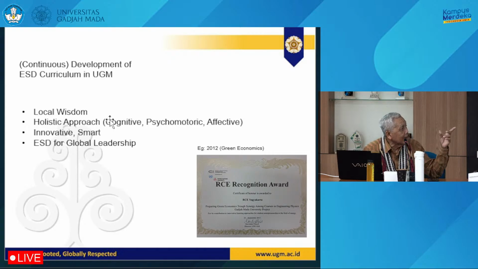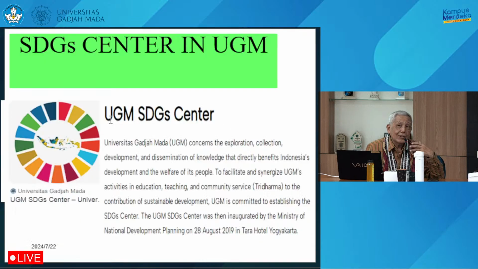We have a certificate of RCE from UNESCO, UNU. This is the SDG center in Gadjah Mada. So Gadjah Mada takes active action in SDGs through ESD also.